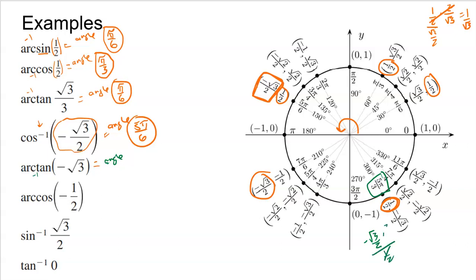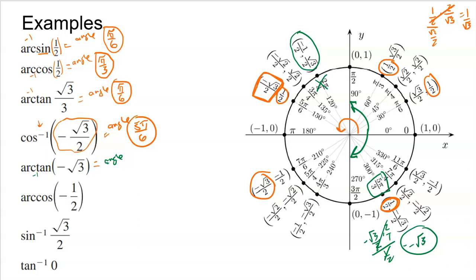Instead of dividing, multiply by 2 over 1. The 2's cancel, and I get negative radical 3. And you might say, but wait a minute, doesn't that happen right here as well? Yes, it does. But remember, tangent and sine are only allowed to go up to pi over 2, down to negative pi over 2. So what most kids are going to do is recognize that this is not the answer because it's in the wrong area, and that's a good thing.